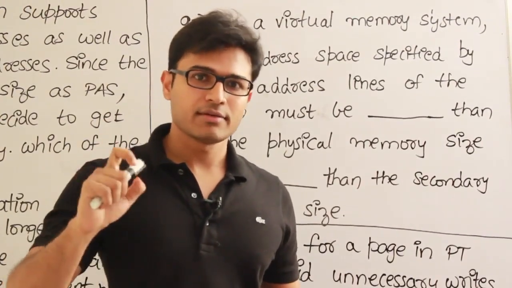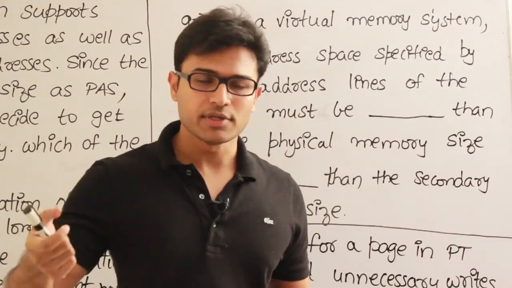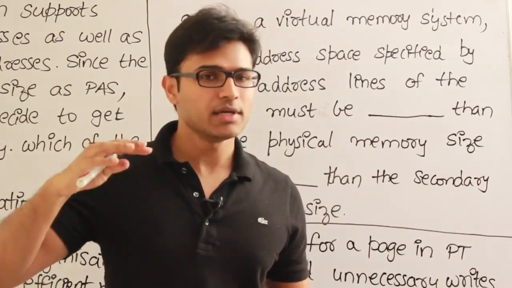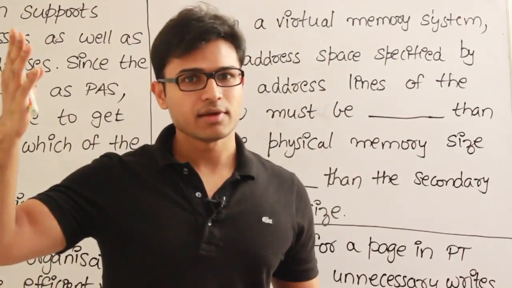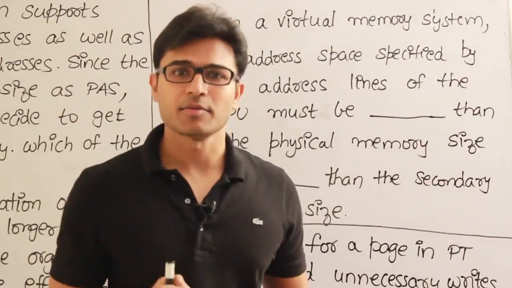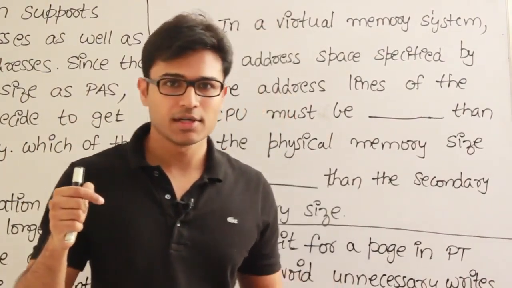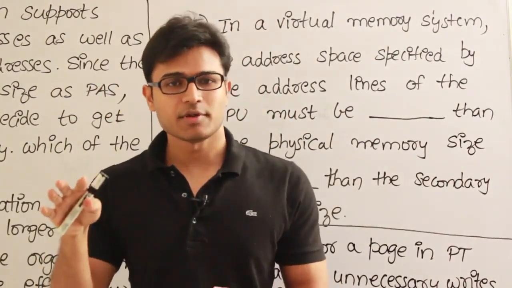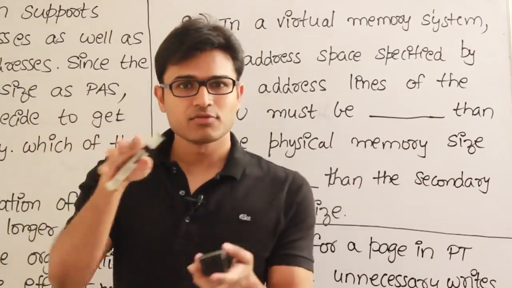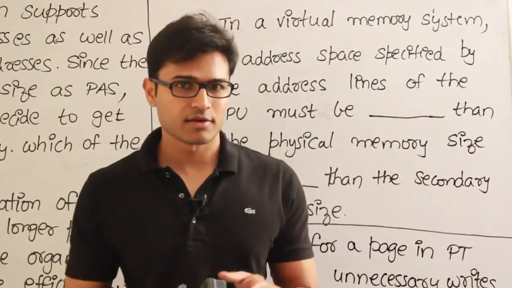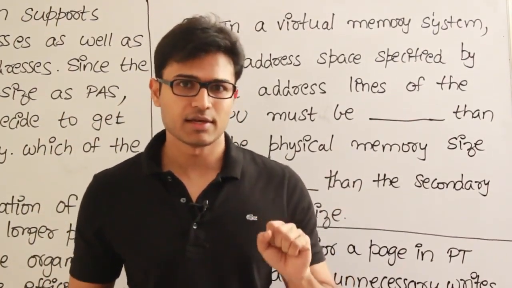Therefore, the logical address space generated by the CPU, which is nothing but the process size, should be larger than the main memory and it should be lesser than the secondary memory. Why should it be lesser than the secondary memory? If it is even larger than the secondary memory, obviously the program doesn't fit even in the secondary memory. Secondary memory should contain everything, right?